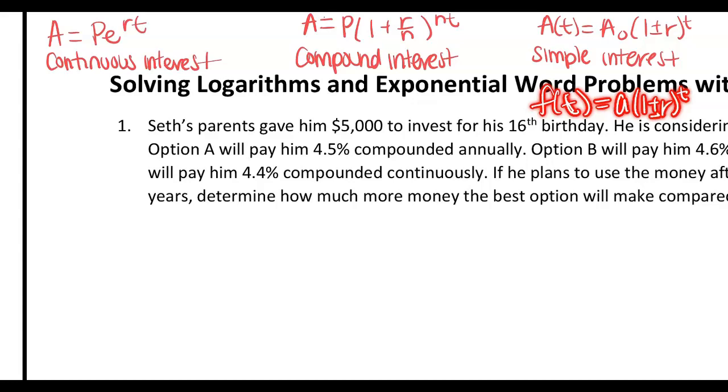It still is doing the exact same thing for this formula. The only difference is I just switched the letters around. This A sub 0 is the initial amount. And A of t just means you're finding that time for this A function. So for all of these formulas, we have seen them before. The variables might be a little different, but they represent the same items.